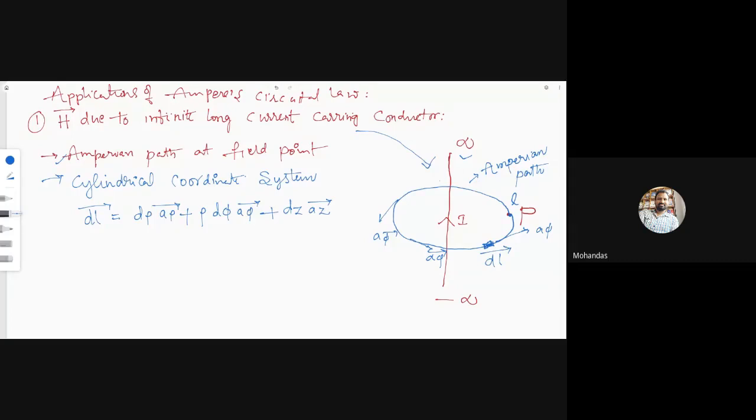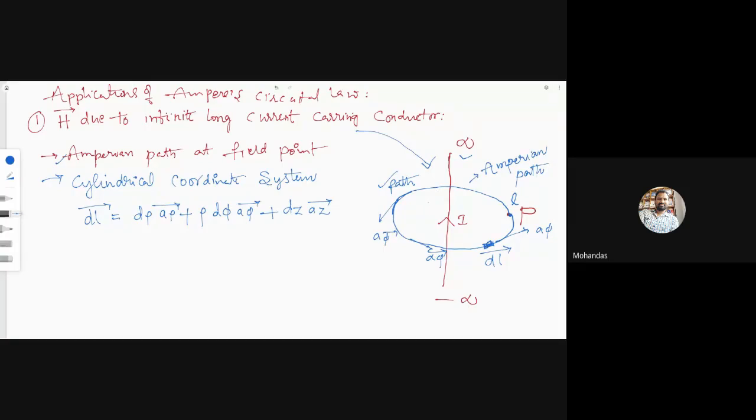Now you have to consider only the path, not the conductor here. While writing this dl, we have to choose only the Amperian path, not the conductor. You should focus on the L. Differential length should be only for the path, not for the conductor. You might have written the differential length for the conductor in Biot-Savart law, but here you have to write the differential length for which one?